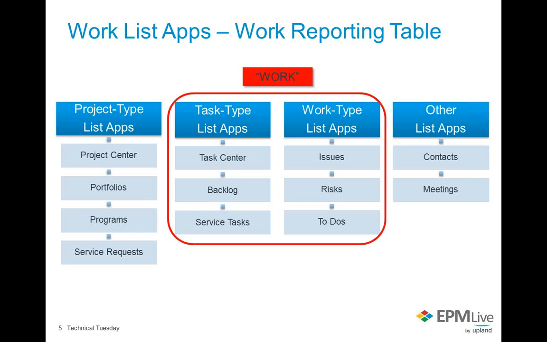Those are work types such as issues, risks, to-dos, etc. Any list app that you designate as a work list app, all of the items and data in those list apps will also be added to the one work list table. And what that allows you to do is run a report on any work items without needing to manually go in and designate every time for each individual report. So it makes doing custom reports that much more streamlined and efficient.